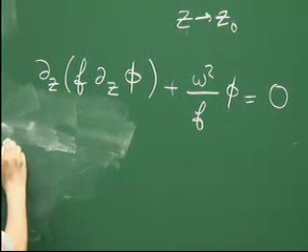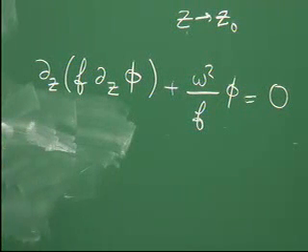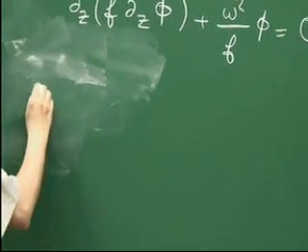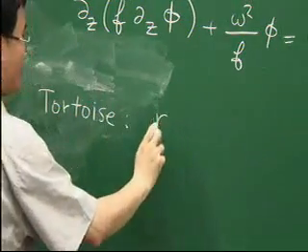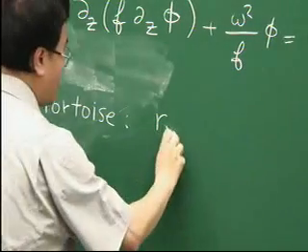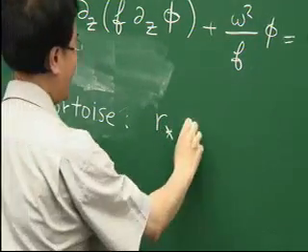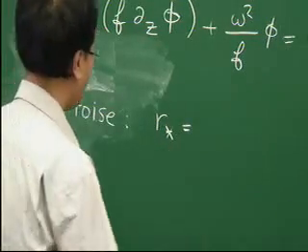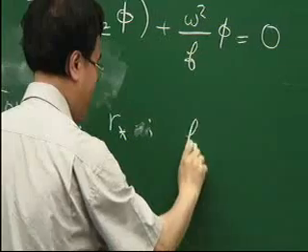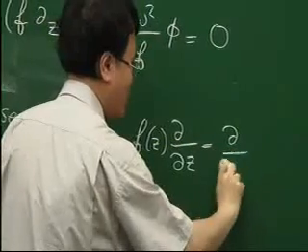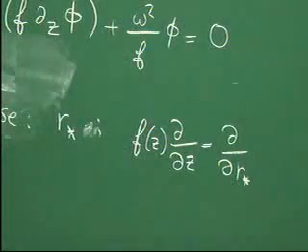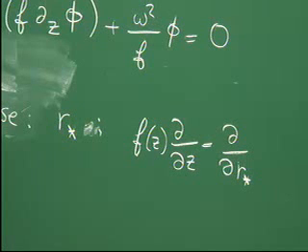Now let me introduce a useful alternative radial coordinate that will be useful in the future. It's called the tortoise coordinate. I don't understand why it's called tortoise, but not turtle coordinate. r star is defined so that f of z d over dz is equal to minus d over dr star. Let me check the sign.